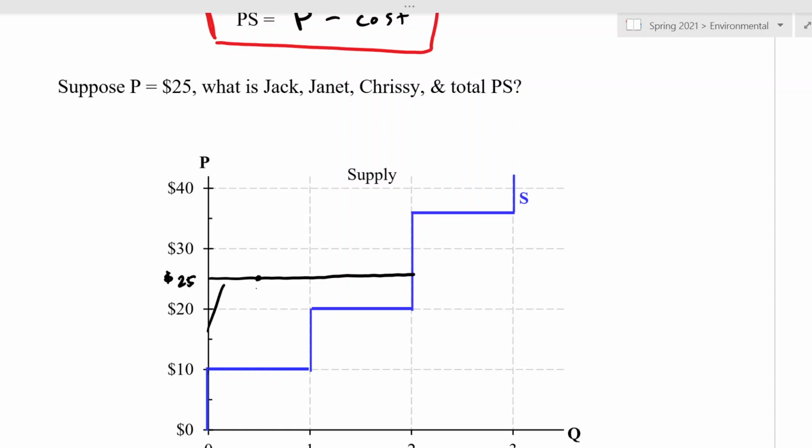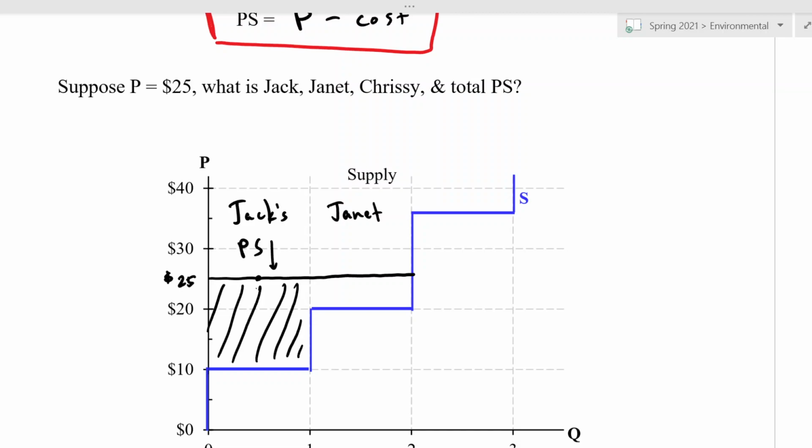So Jack is going to get all of this area here as producer surplus. And Janet has the little box here. And the whole thing is total producer surplus.